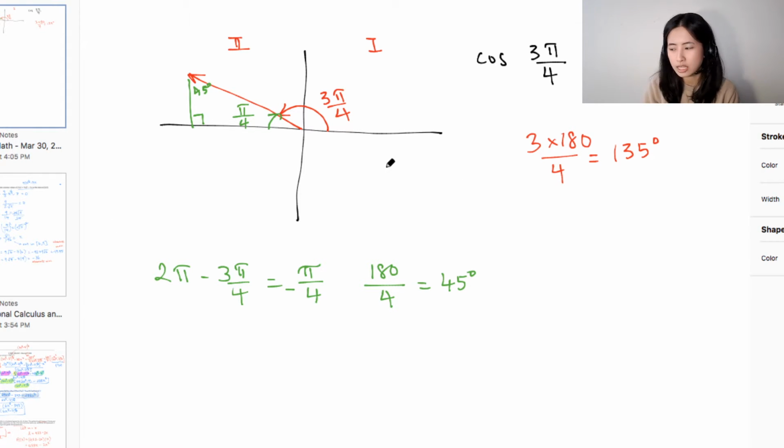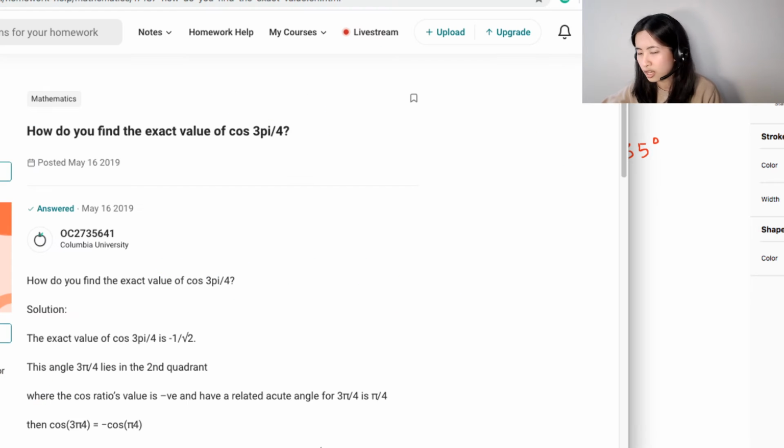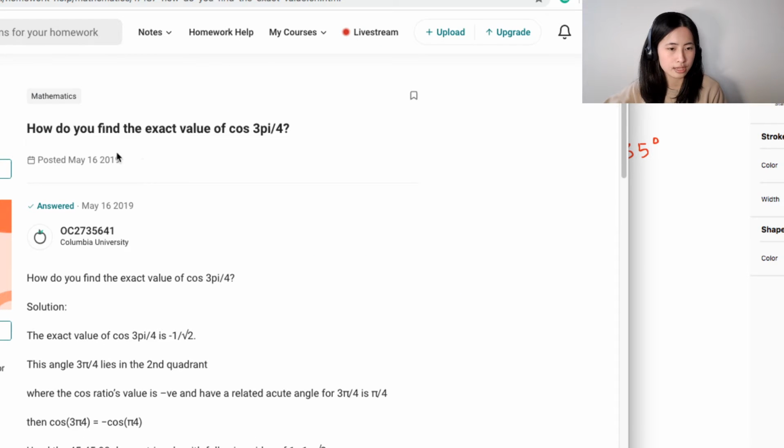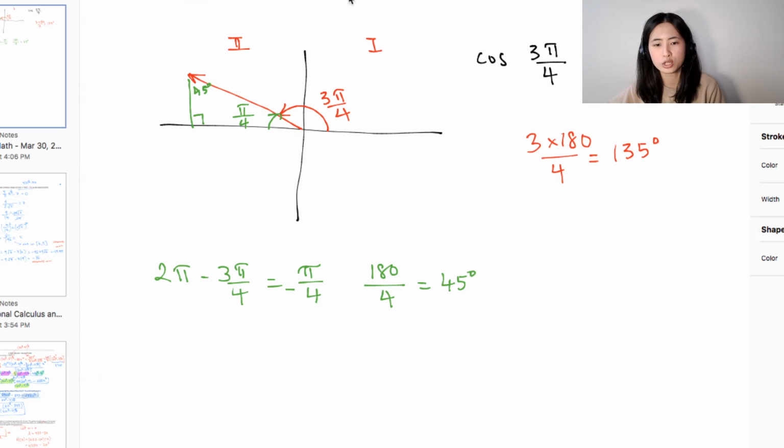Now, let's go back to the question. On the question, it says you need to find the exact value of cosine 3 pi over 4. So we're going to use the special angle and see what the exact value of cosine 3 pi over 4 is.